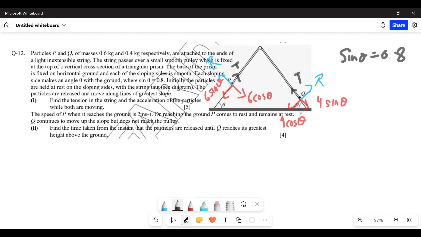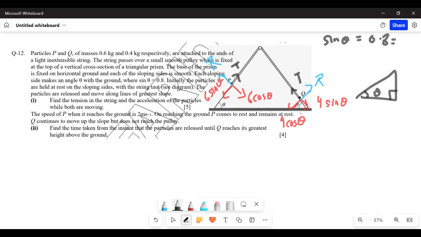So sine theta is 0.8, which means if I draw a right angle triangle, this would be theta, this would be 90. 0.8 can be written as 8 over 10. Sine theta is equal to 0.8 or 8 over 10 or even 4 by 5. So opposite over hypotenuse.